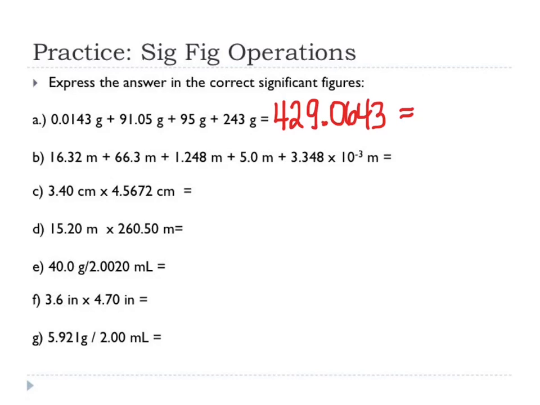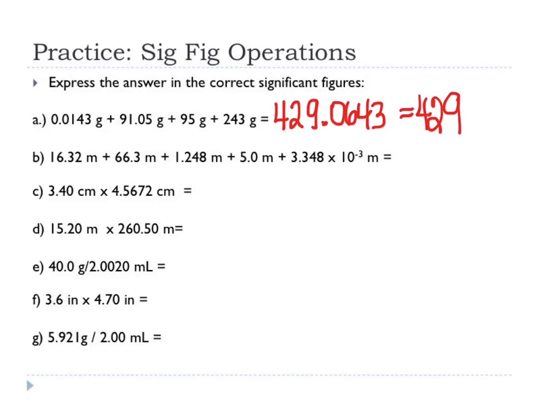Now, what kind of operation did we do? Adding. So our answer has to be in what? Decimal places or sig figs? Decimal places. So we need to have how many decimal places in our answer? None. So our answer is going to be 429.